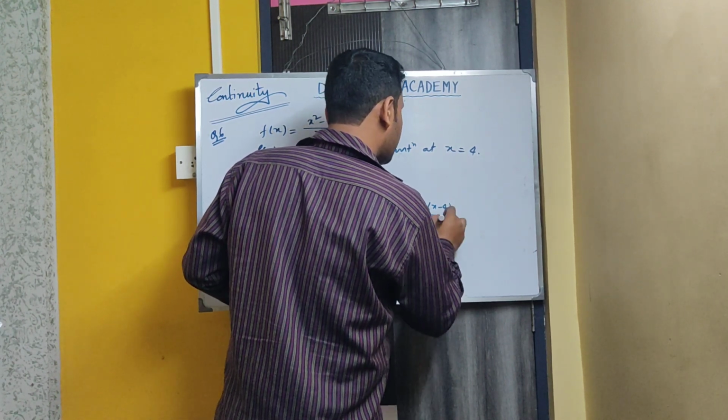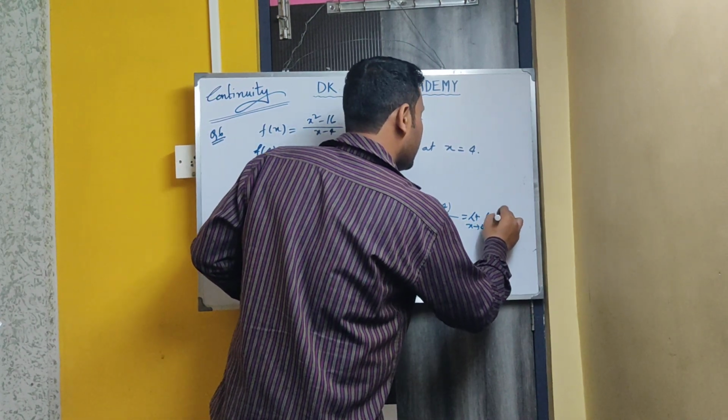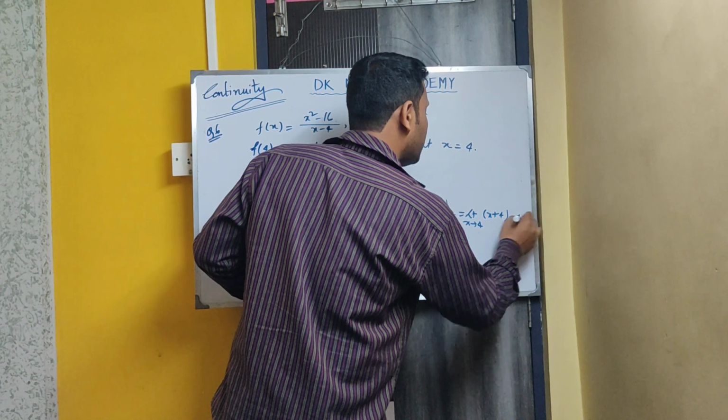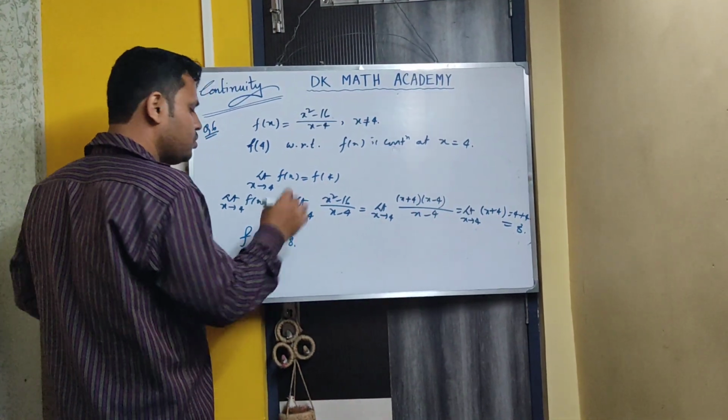And this is x minus 4. So limit x tends to 4, x plus 4, this is 4 plus 4, this is 8. So the value of f of 4 equals 8.